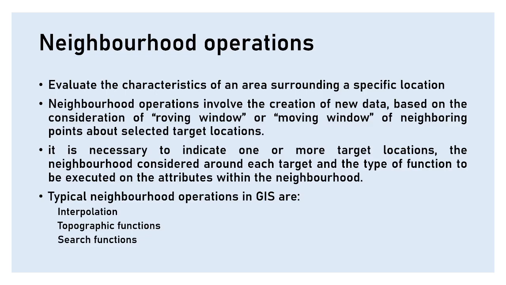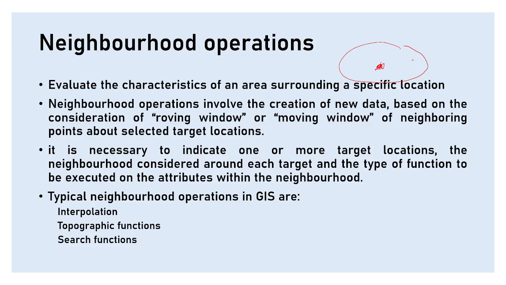Then we are coming to this neighborhood operations. So here it's basically to evaluate the characteristics of an area surrounding a specific location. So you have a specific location and then the characteristics of the area surrounding this particular location.